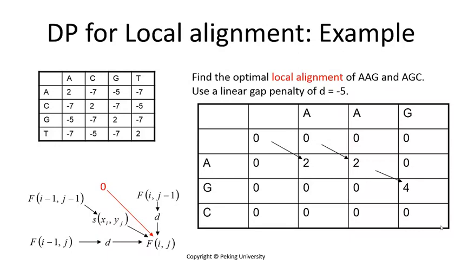Thus, the start and end of the backtracking will not necessarily be at the lower right and upper left corners. In fact, we can see that the backtracking paths are local, and the final optimal alignment is also local. And we can get not only the optimal but also the suboptimal local alignments. This is different from global alignment.